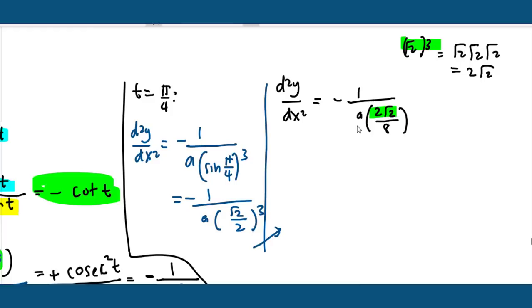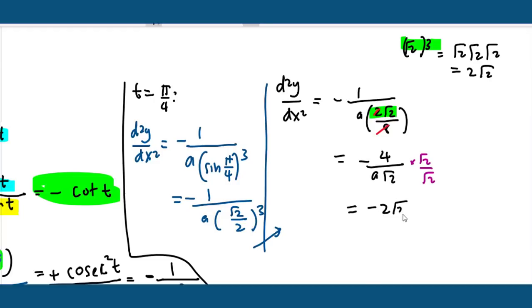Okay, and then simplify. This is 4, right? Then bring 4 up here, 4 over a root 2. The next is a times root 2, then the final answer is, this is 2, right?